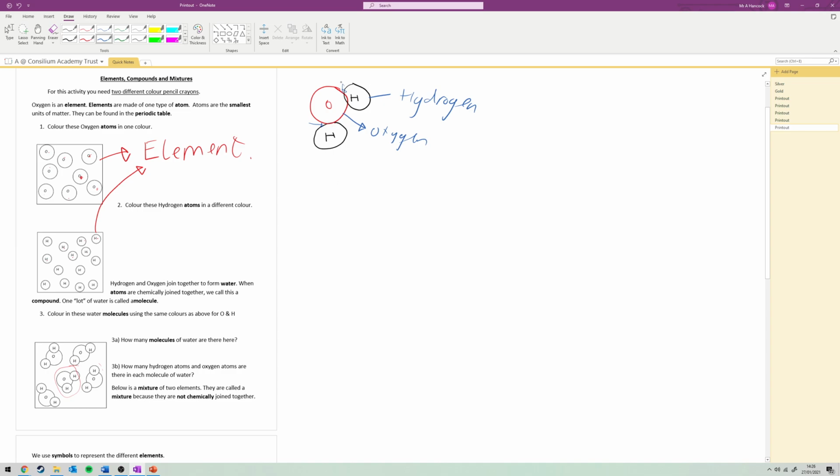Now, because you have got two different atoms joined together, this is a compound. And if you look in the box, there is only those molecules there. There is only H2O in this box. Each one of them is one oxygen and two hydrogens. So this would be a pure compound.